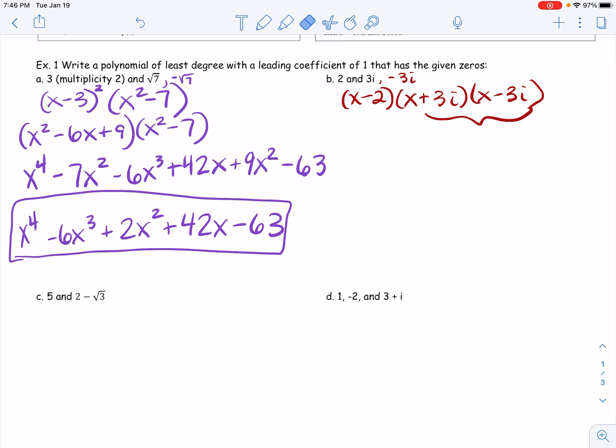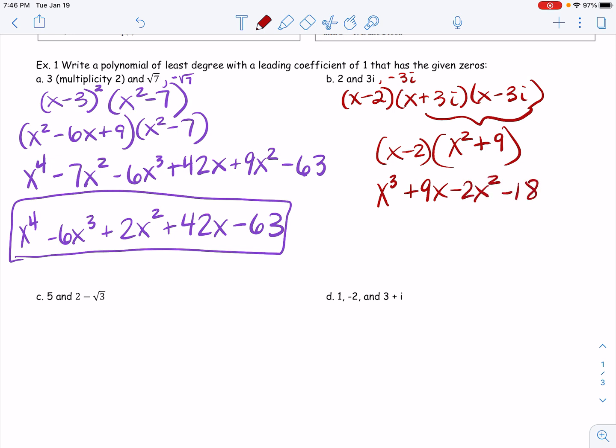So I'm going to go ahead and say that this goes into x squared plus 9. That is still being multiplied to my x minus 2. So when I multiply those two things together, I can actually FOIL this one because it's two binomials. x times x squared, x cubed, x times positive 9, negative 2 times x squared, and then the negative 2 times 9. And then all I want to do is rewrite it so that it's in standard form.